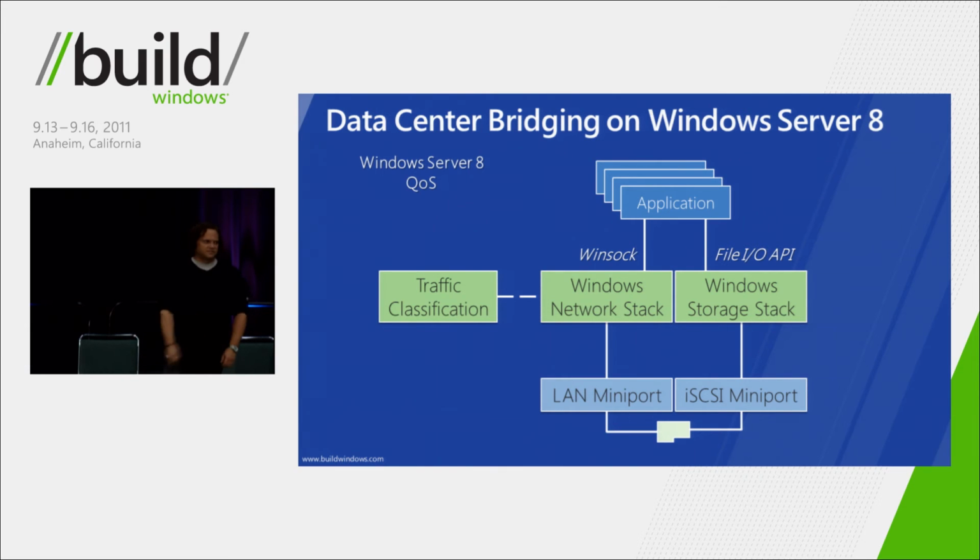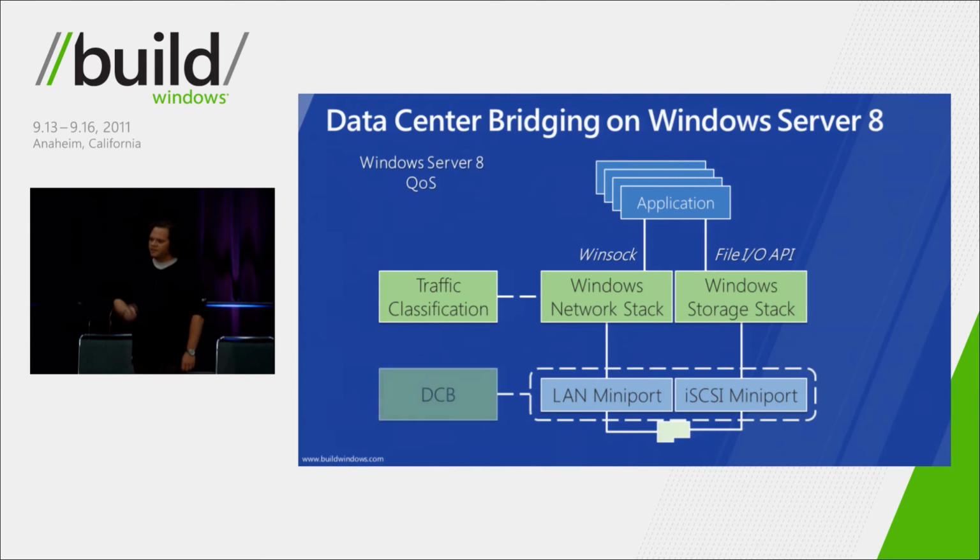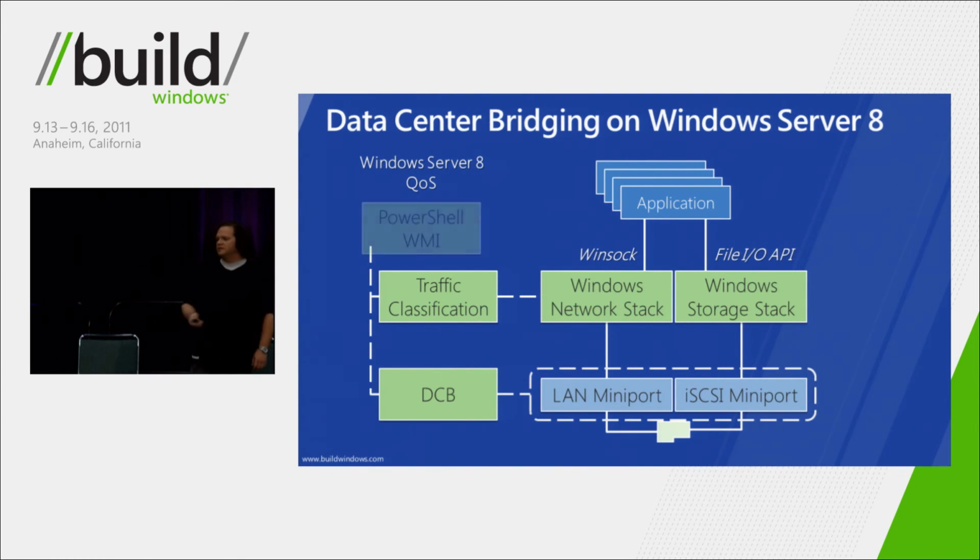So that traffic classification we were doing for multi-tenancy at the beginning of the talk plugs right into the Windows network stack. It's not just for the extensible switch. We also have a DCB interface that runs in the kernel, and that talks to OEM-provided miniports for DCB-capable adapters. Now, on top of this, what Charlie was exercising, we have a WMI PowerShell management story.